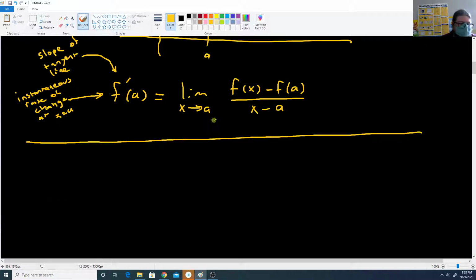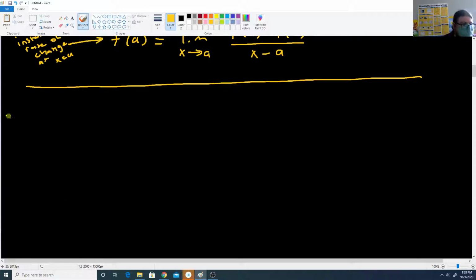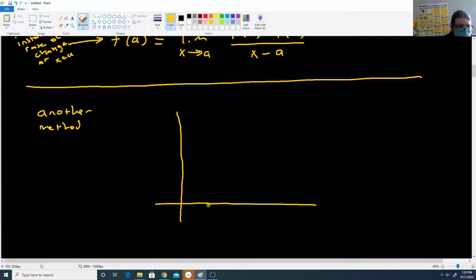Another way we can view this instantaneous rate of change, or at least another way of viewing stuff, is we could say, let's start out here at a, and let's go over a distance of h. So let's scoot over a distance of h, and then out here we would be at a plus h.